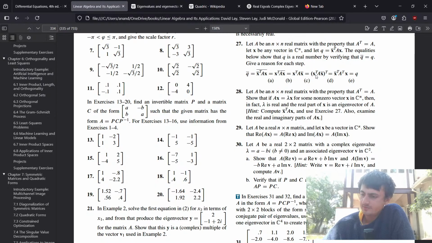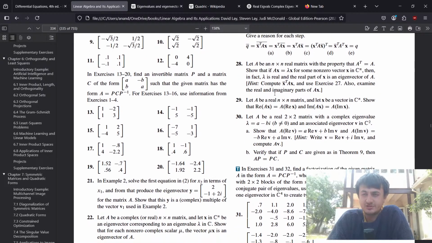I don't know about all that. 28. Let A be an n by n matrix with the property that it's symmetric.